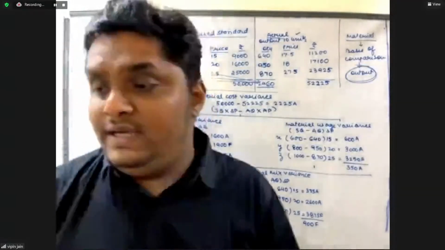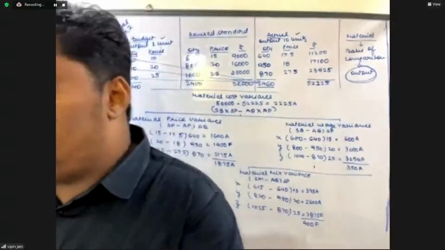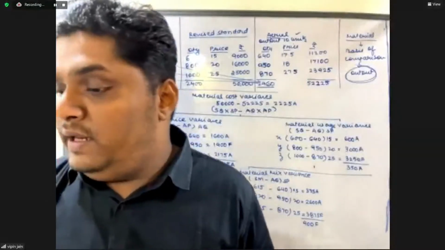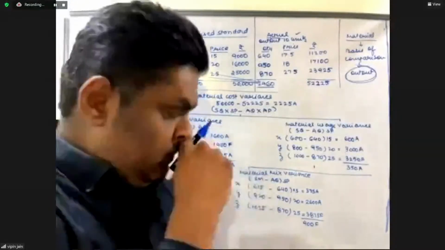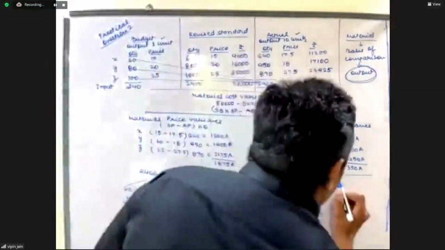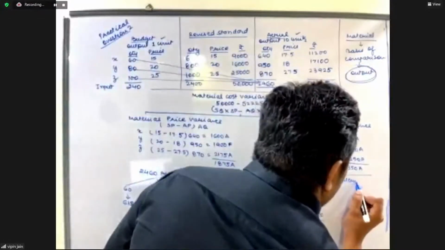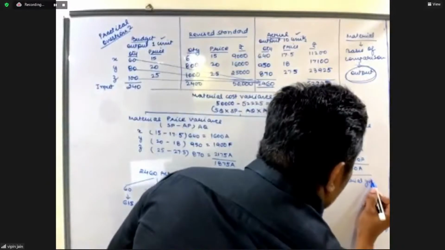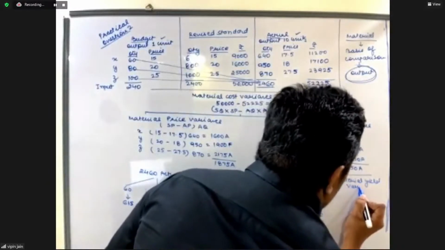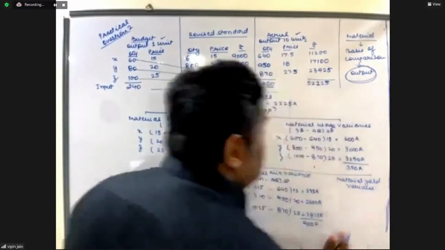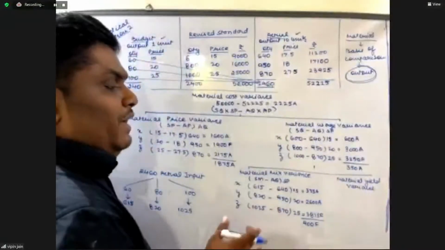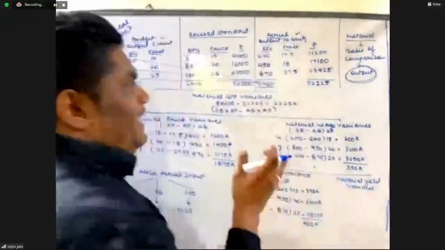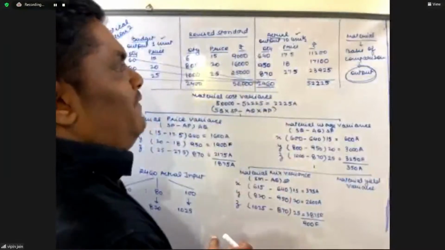Now talking about material yield variance. So when talking about material yield variance, either you can apply the formula or else you can calculate yield variance in my way.